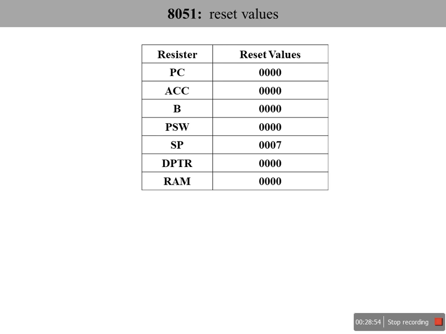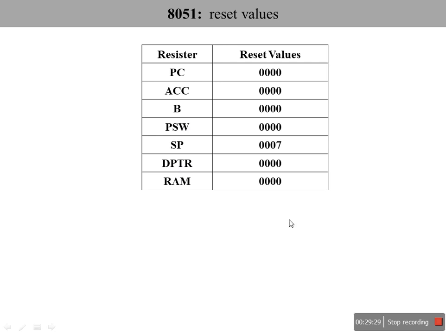When we reserve a certain part of memory as a stack, we need a pointer, a register, to access the stack. It is the stack pointer which will be accessing those locations. Those locations will start from 07, so the stack pointer will be pointing to this location only. Then similarly the DPTR, data pointer register, will be pointing to 00, and all RAM locations will be 00. So these are the reset values of the internal working registers of 8051.